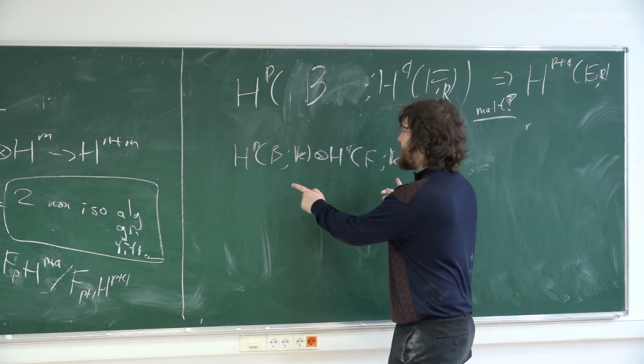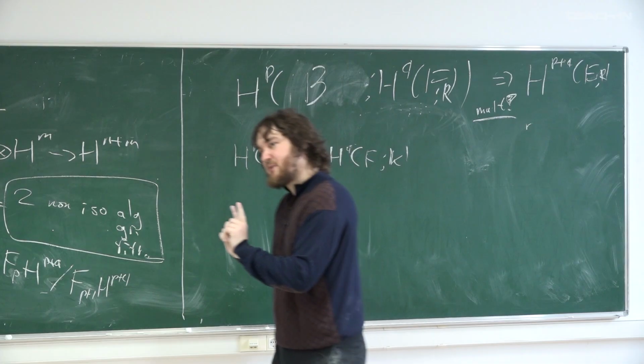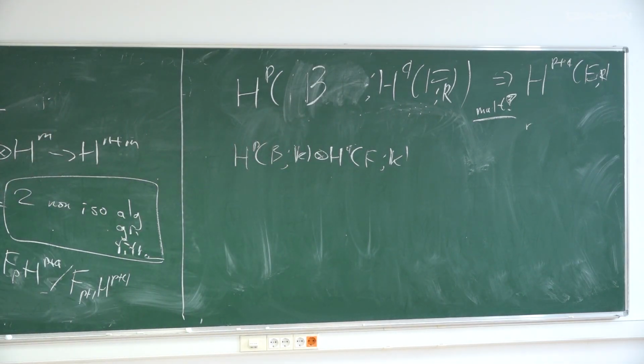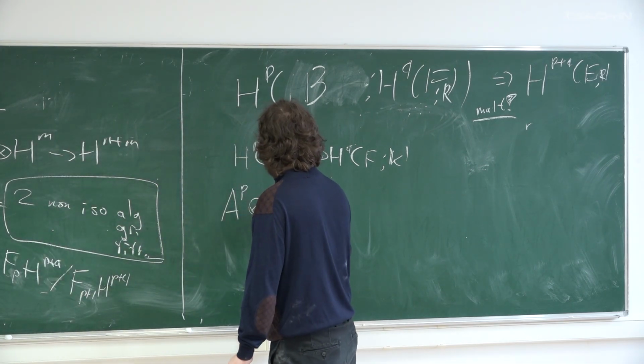And this is a bigraded algebra obtained as a tensor product of two graded algebras. If you have two graded algebras, you obtain that the tensor product is a bigraded algebra, okay?